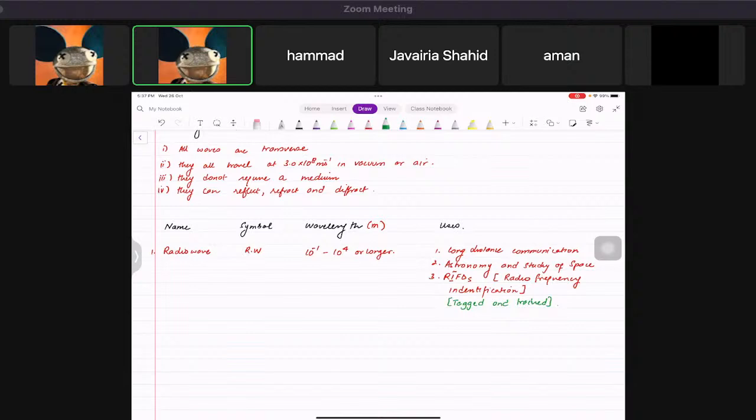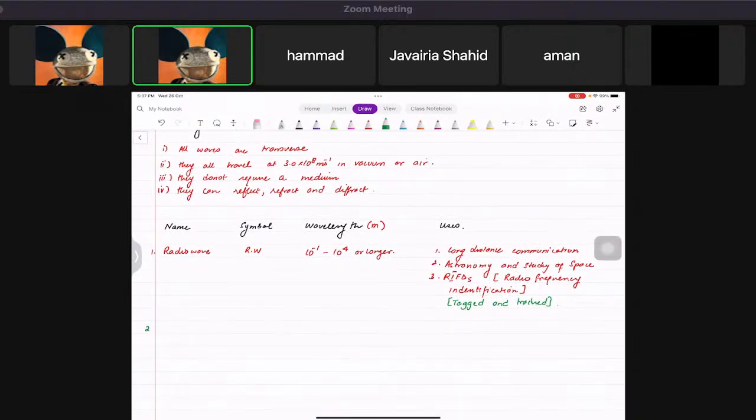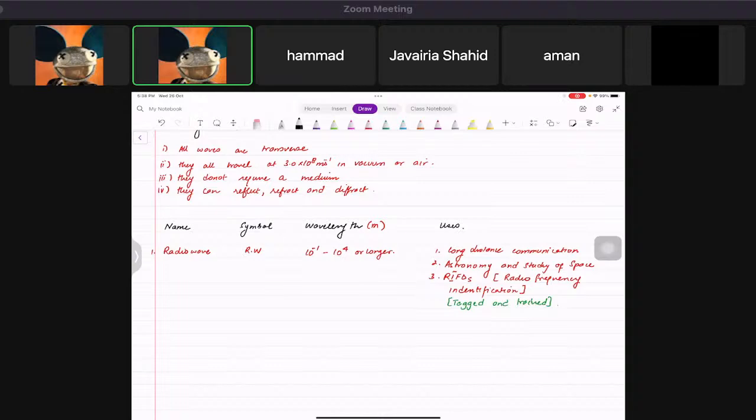The next wave is the microwave. Microwave has a range of 10 raised to power minus 3 to 10 raised to power minus 1. So it's much shorter than radio wave.